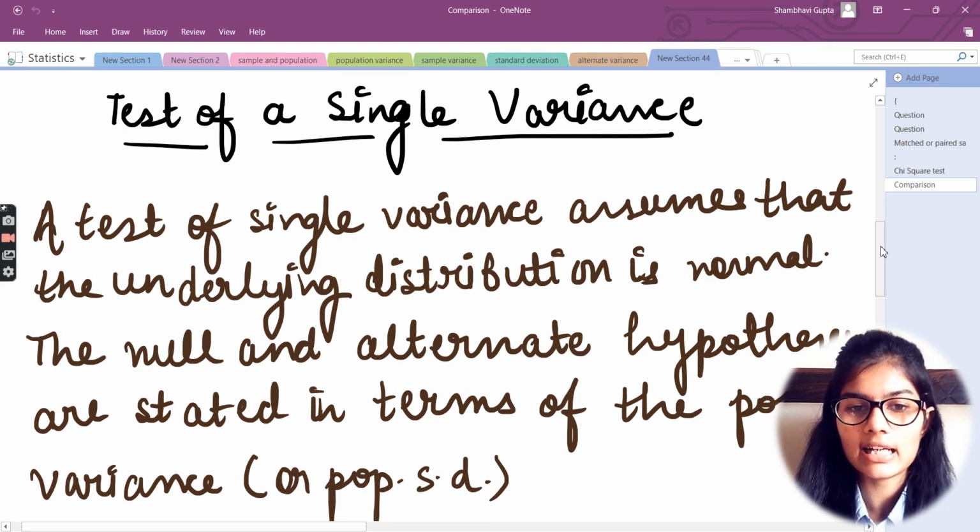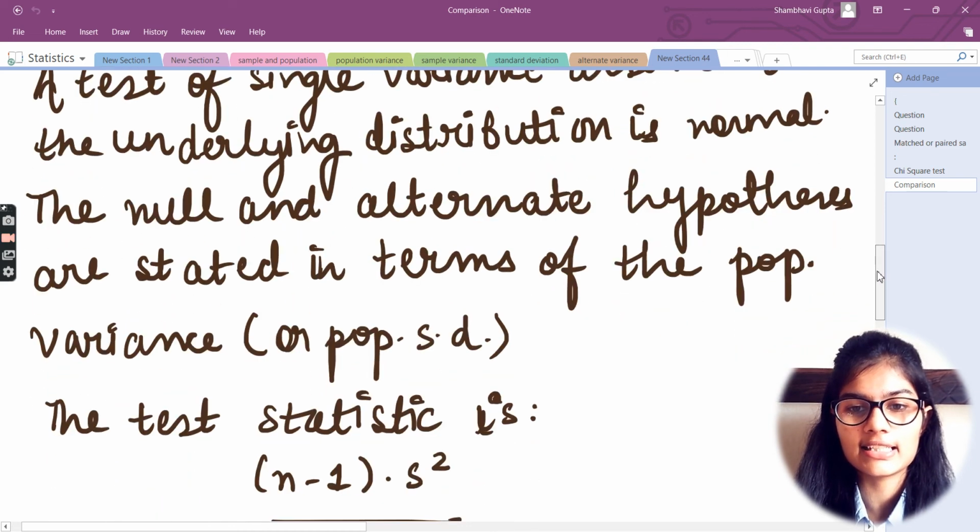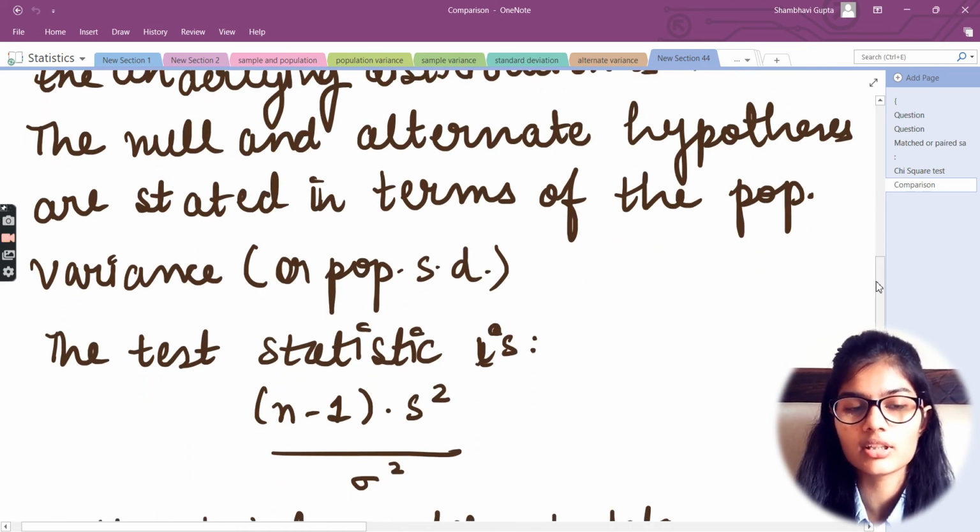The null and the alternate hypotheses are stated in terms of the population variance or the population standard deviation. We are already aware of those formulas, because we saw them in our previous videos, right?